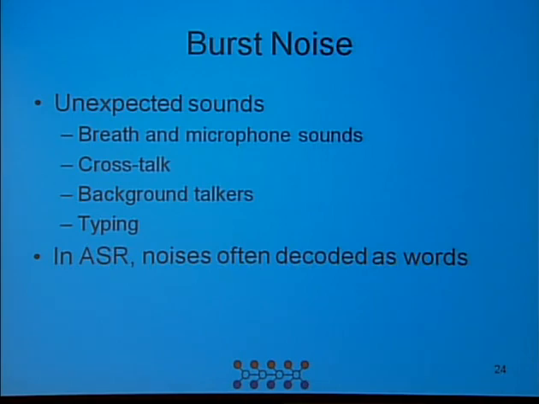You have background talkers who are not intended to be on the channel, and then you have whoever's talking doing things while they're talking. You could have typing, animal noises, shuffling papers on the desk, things to that effect. And in recognition systems, these types of sounds are often erroneously decoded as words.